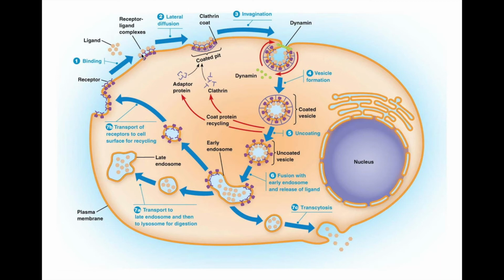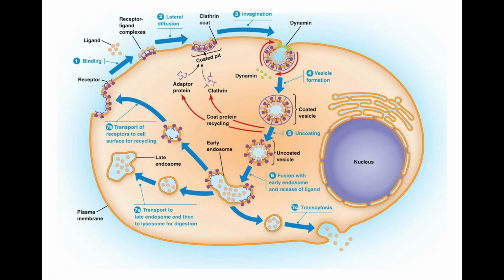Once those particles are bound to their ligands, they are gathered through the fluid mosaic membrane. They move laterally through the membrane, and there are proteins called assembly proteins, assembly particles, that will start to form what's called a coated pit.